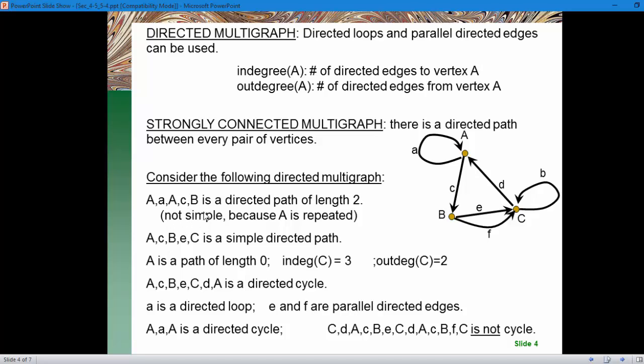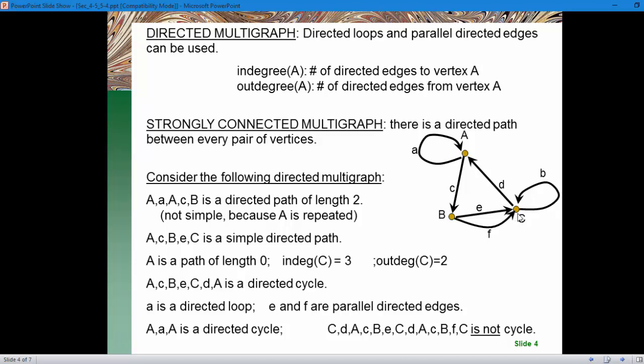And this path is not a simple path because we repeat edges. So it's the same definition. We're using the same ideas from the regular definition of graphs. A vertex itself is a path of length 0.